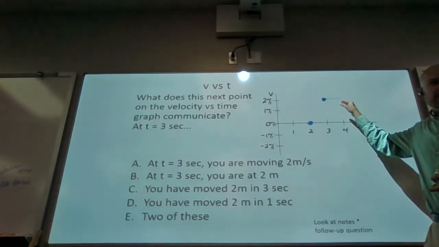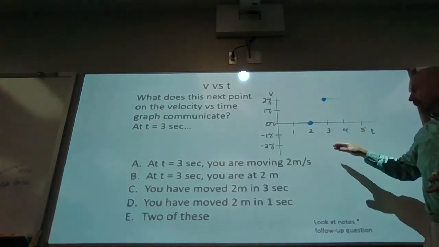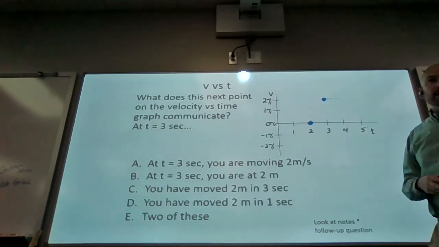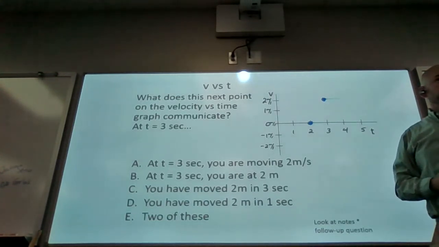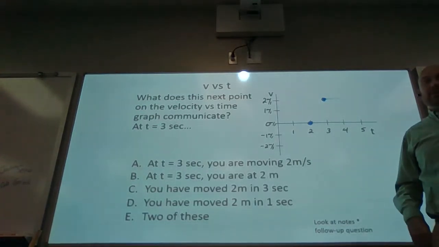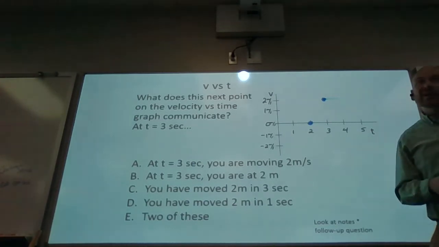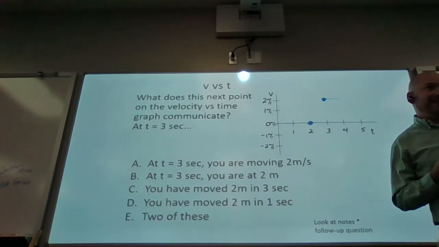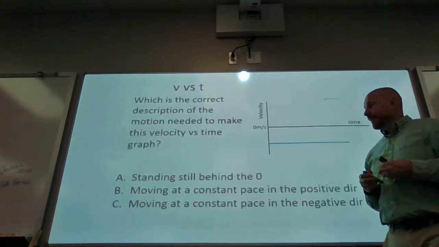Does that make sense? That doesn't tell you how far you went unless you know how long you went that speed. How are we doing with that? Questions? Points of confusion? I'm totally fine with you just saying, don't get it, try that again.